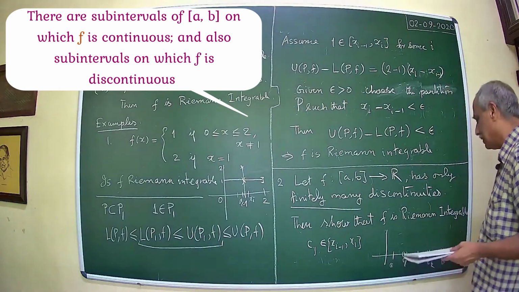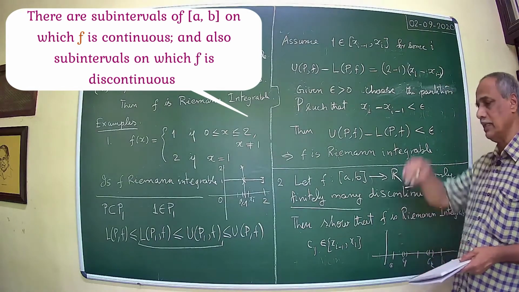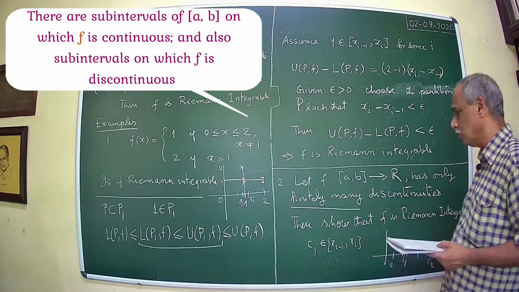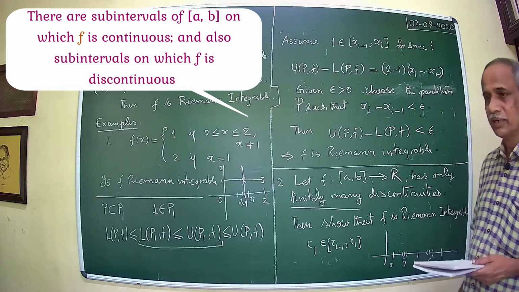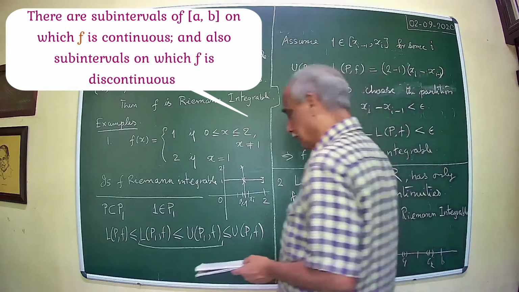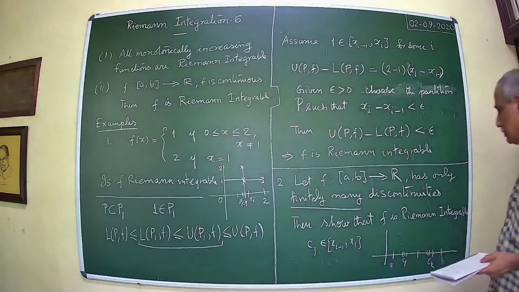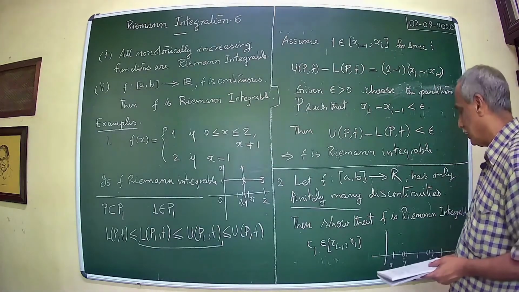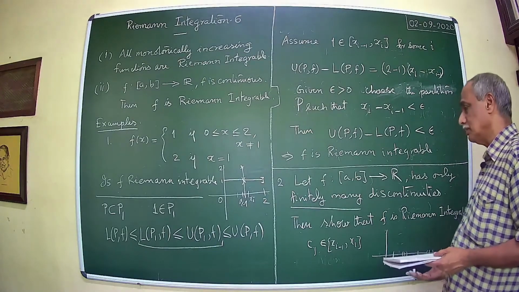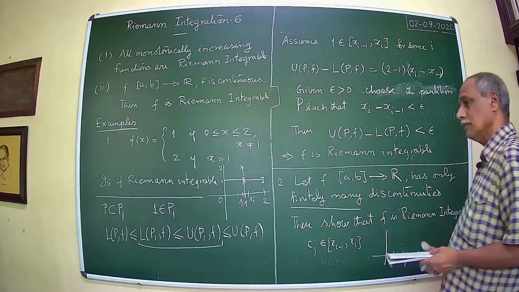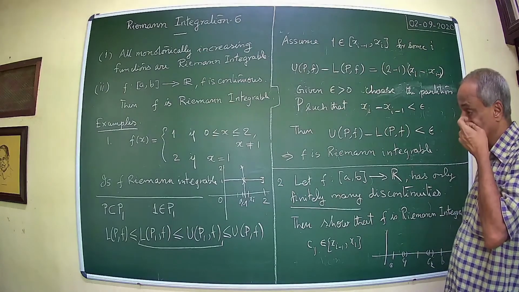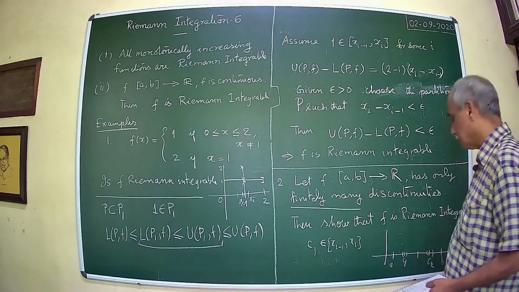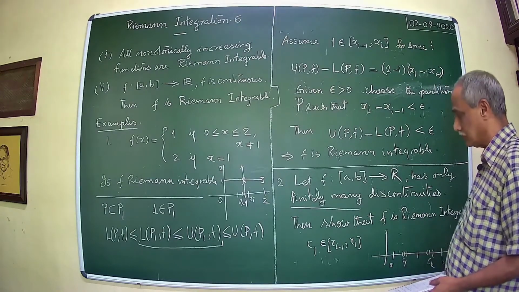The function on every interval has a maximum and a minimum, and we are assuming f is a bounded function. Therefore, you can control the width of the partition, because at other places it is continuous and only here it is discontinuous.